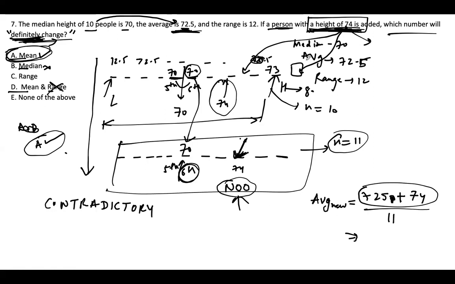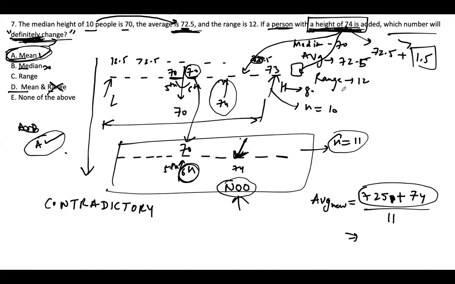That means with respect to average, he has how much extra? 1.5. No, Aman, I get what you're saying, that's not what I'm asking. I'm asking, you mentioned before that the average was 72.5, and if a person with a similar height of 72.5 joined the team, the average wouldn't change. The average would remain the same. Yes, it will remain the same.